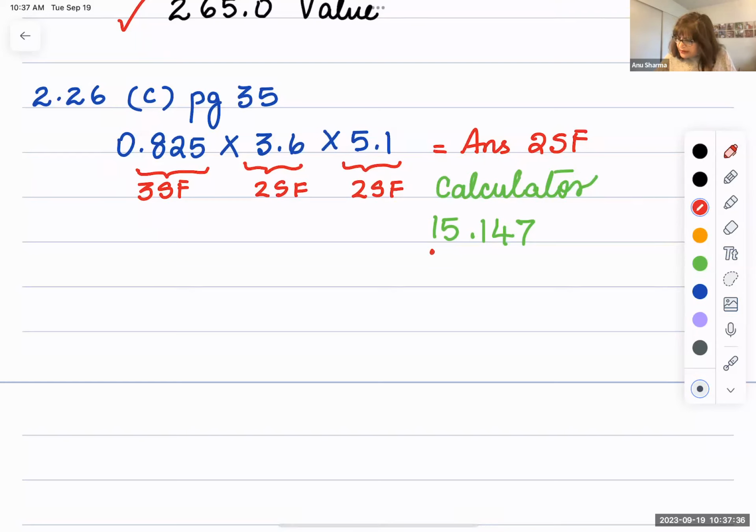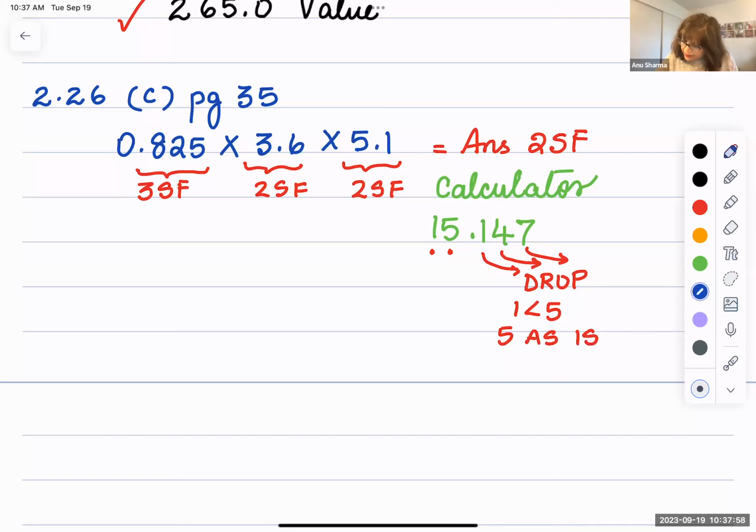So we need to keep these, but the others have to be dropped. Because the 1 is less than 5, the other 5 remains as is. So the final answer is 15. Again, this is cosmetic fixing only. Clear? So that's the multiplication.